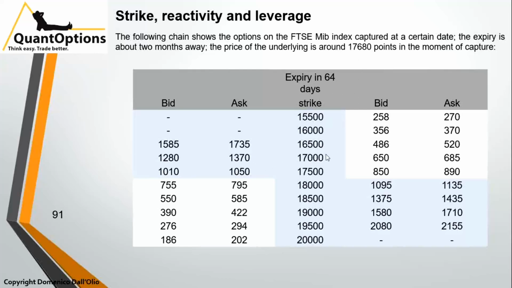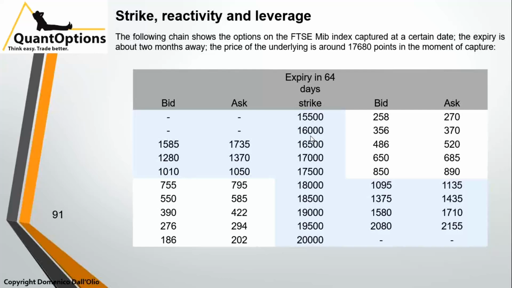And this happens even if the price of the underlying at maturity is 18,000, because if the underlying at maturity is 18,000, the call 17,000 will be valued 1,000 points, meaning that if you purchased it for 1,370, you will lose 370 points.